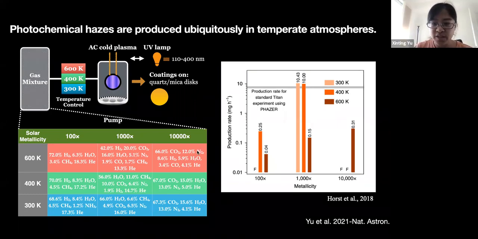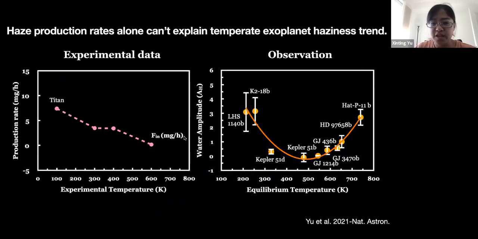All right. So if we gather the experimental data, the production rate data shown on the left, the general trend is that with increasing temperature, you're getting less haze produced. And on the right, I'm showing you the observations compiled by my student, Austin Demont. So it's a water amplitude versus equilibrium temperature trend.